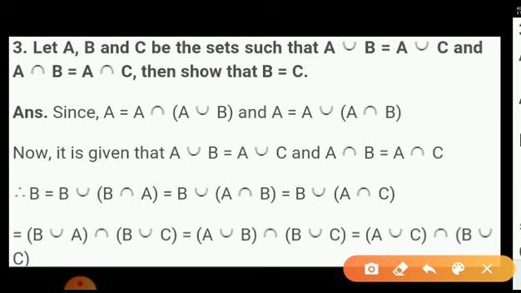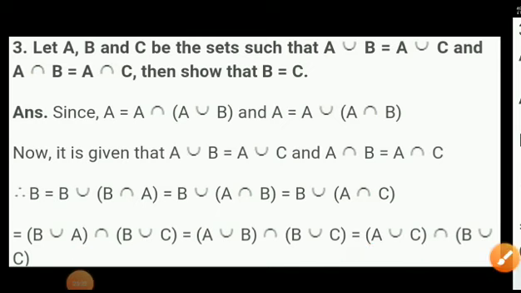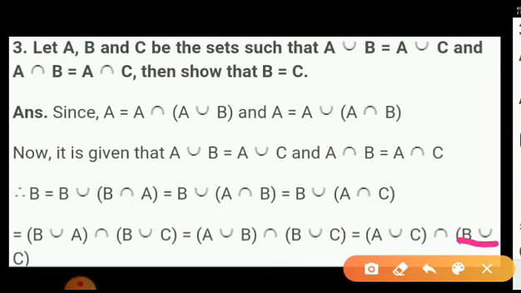Now see whether A union B is the same as A union C. So I will write it as (A union C) intersection (B union C), with B union C as it is.